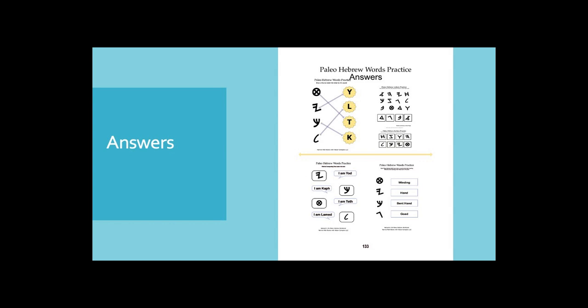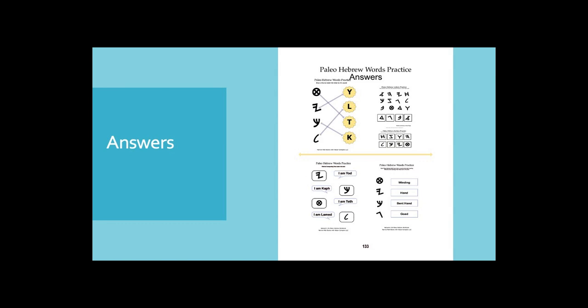So looking at the sounds, we see that tet goes with the letter T. Yod is matched up with the Y. Kaf is matched up with the K. And Lamed matches up with the L. And hopefully you got your alphabet right.